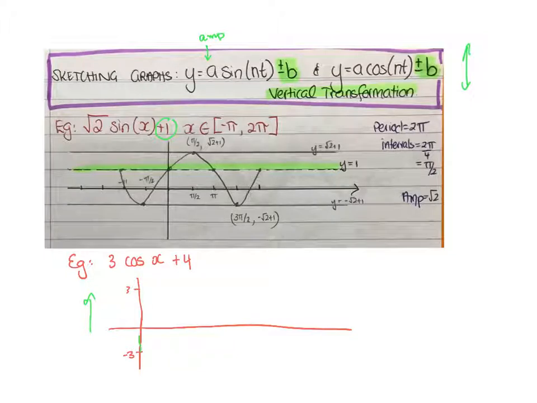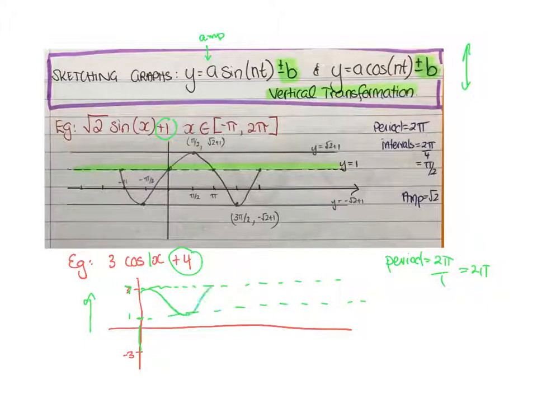So if you move this one up 4, you're actually now on 1, and this one up 4 would become 7. So therefore, they're your new lines like that. You are still oscillating up and down, and now because this one's period would be 2 pi over 1, it's 2 pi. So you could just draw your graph, and here would be 2 pi.